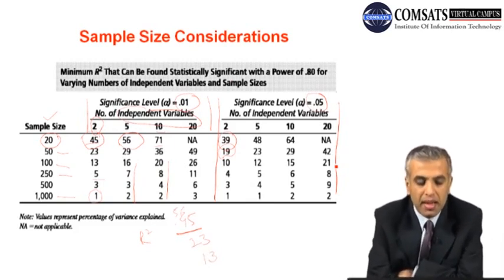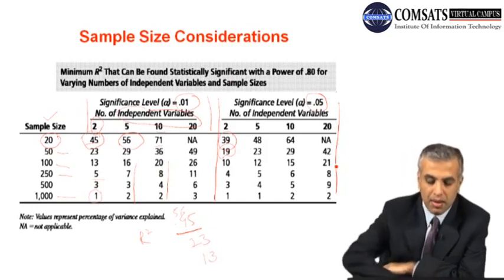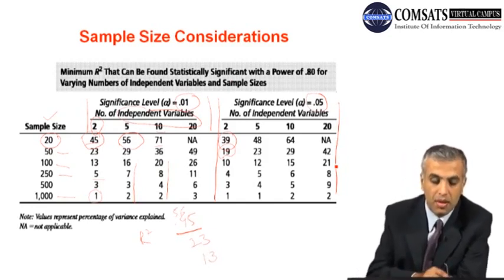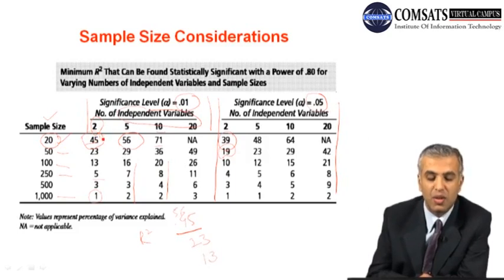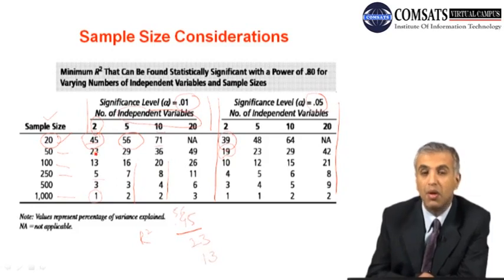By R square we mean that, for example, as we had just discussed before, if we are taking a sample size of 20, then with two independent variables in the equation, we would only be able to track R square strength of minimum 45%. R square below that won't be able to be detected, so we cannot effectively measure R square in that case.